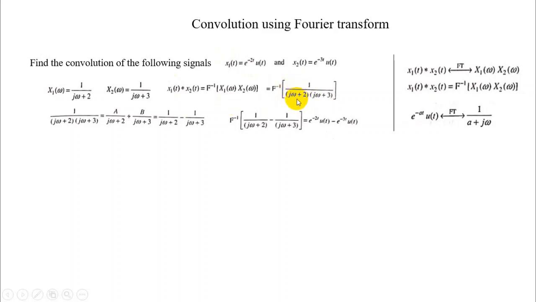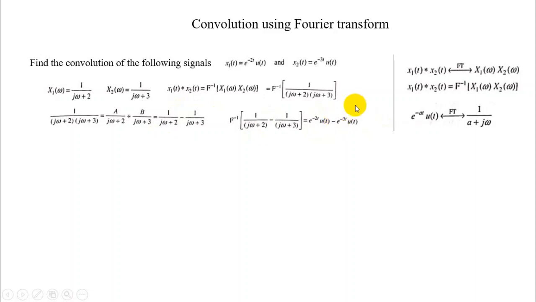However, in that particular case, partial fraction is needed. So after having the partial fraction and the values of the constants, we are able to take the inverse Fourier transform of that signal, and the ultimate destination was to have the convolution of that signal.